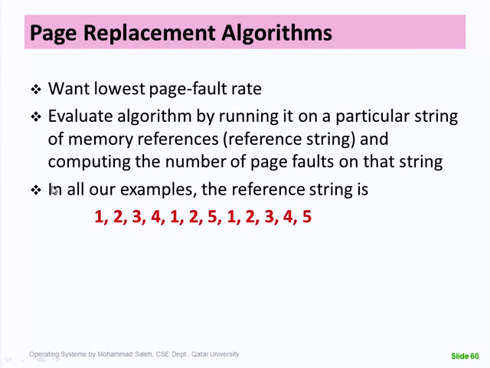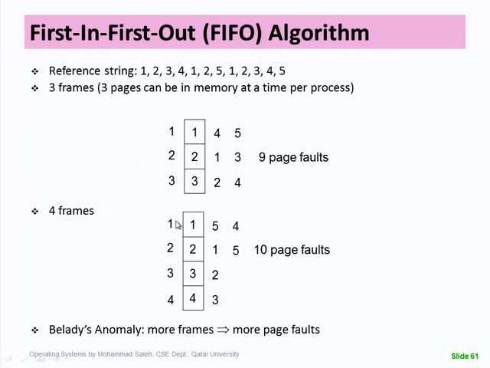Which means the process is referring to an address that is within the first page, and then the second page. For example, at this step, the first page again, and so on. So we call this what? Page reference string for a particular process. So we trace the algorithm using a given string, okay, to demonstrate how it works.